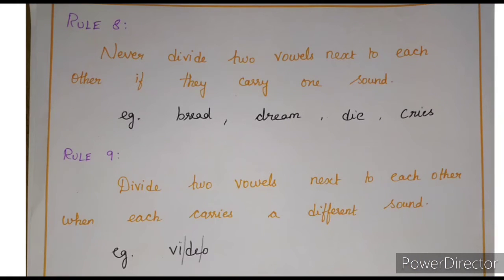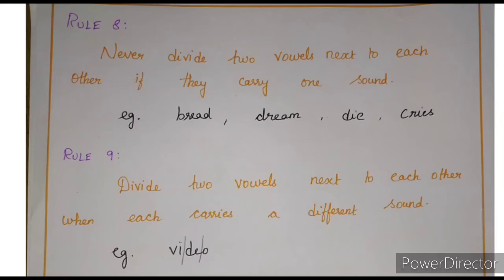Never divide 2 vowels next to each other if they carry one sound. If they have the same sound, you cannot divide the 2 vowels which are next to each other. Okay children, never divide 2 vowels next to each other if they carry the same sound.